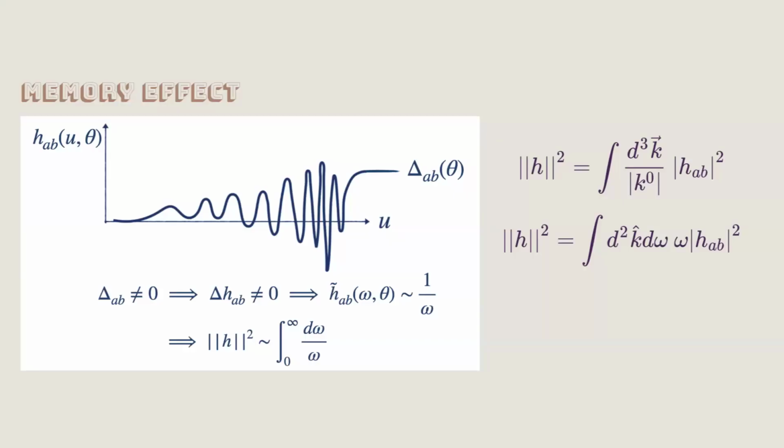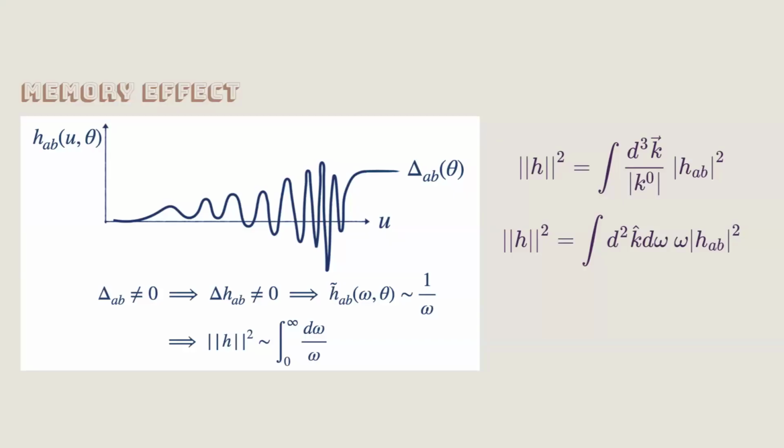Generically, what is expected classically is that you don't go back to the original value you started with. It doesn't matter if the original value was 0 or not. There's a difference between the value when you started measuring and the value you end up at after all the gravitational radiation has passed and the oscillations are gone.